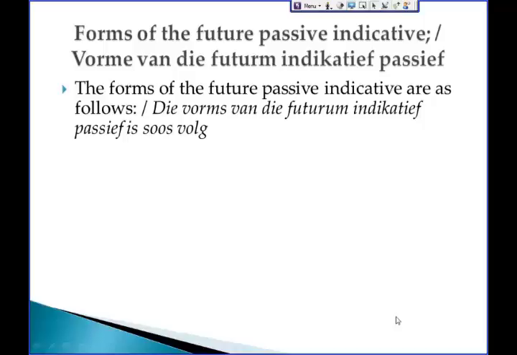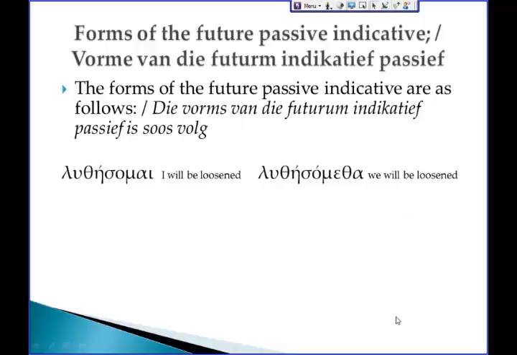I want you to remember why. Because they share this common suffix, the. That's why I'm introducing them together in lesson 16. Their characteristics are much similar. Okay? So you have here the lu, the, somai.